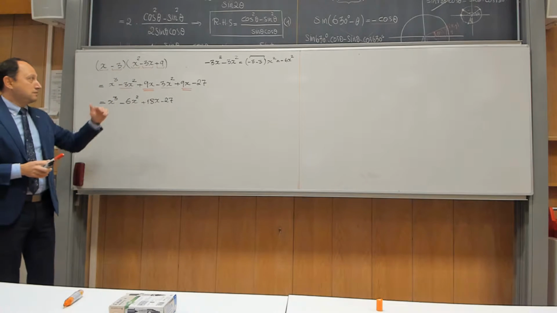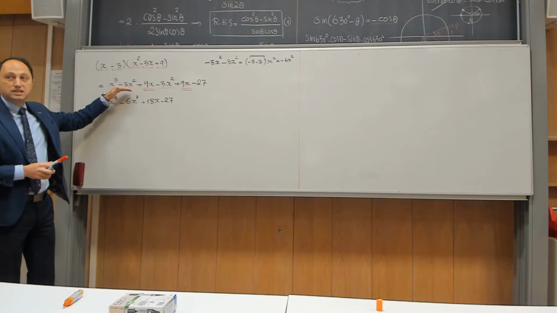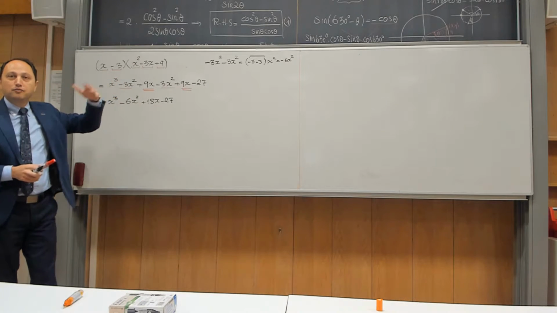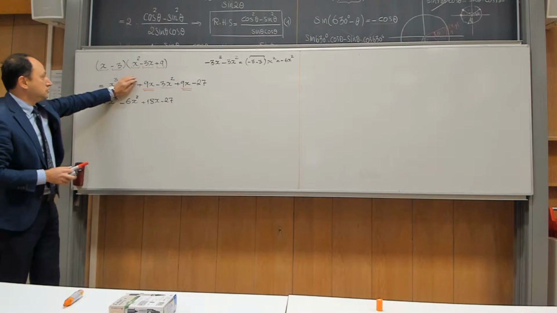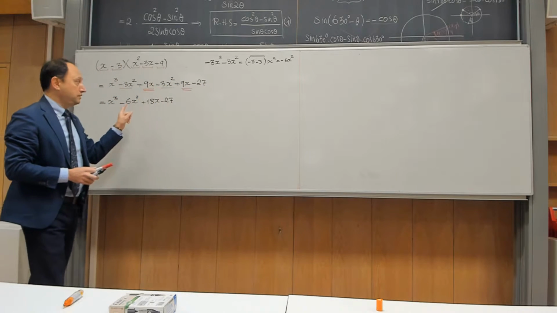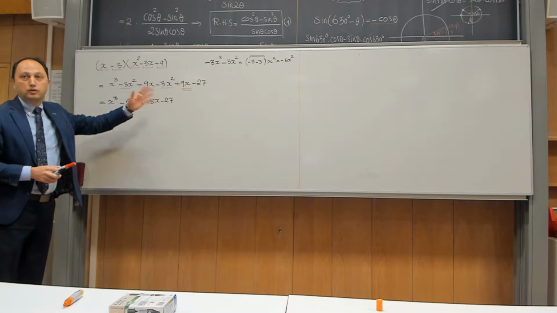So before this stage of simplification, you should have 6 terms in front of your eyes. If you do not have it, or you have more, it means that you have made some mistakes. Let us count: 1, 2, 3, 4, 5, 6. But after simplification, I have 1, 2, 3, only 4 terms.